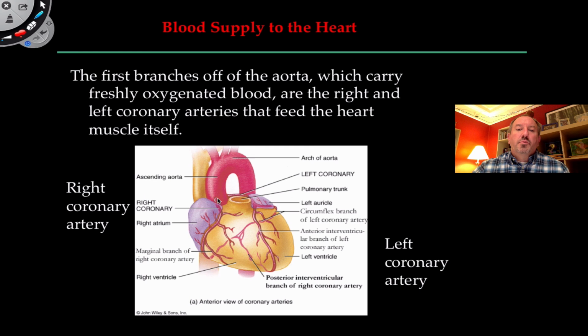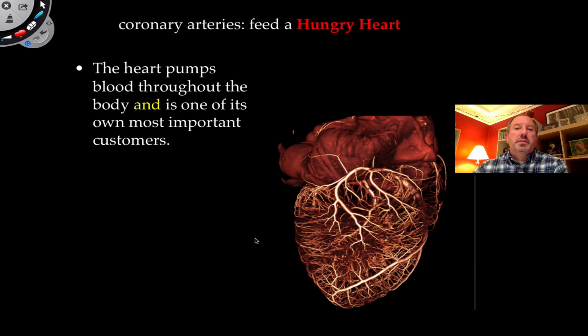This one's known as the right coronary artery, and over here is the left coronary artery. Really crucial, because this highly oxygenated blood needs to travel down, of course, to arterioles and then capillaries. It needs to provide blood to the heart itself, especially the myocardium. So the right coronary artery and left coronary artery are really crucial in feeding the heart muscle itself.